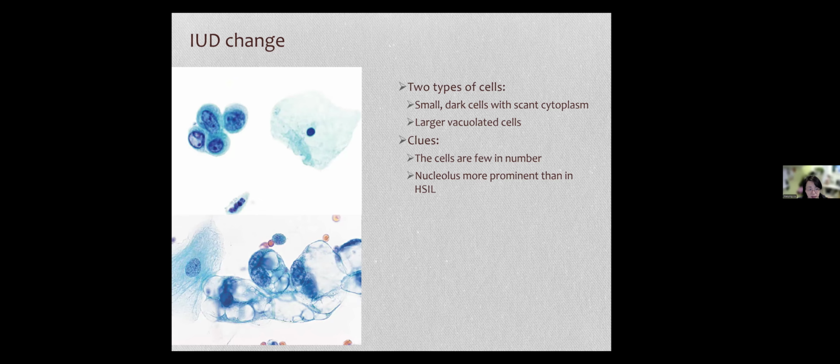And the lower picture has very large vacuolated cells. Normally those cells are just rare. And sometimes you can see nucleoli, in the lower picture. You can see prominent nucleoli there, which you don't see in HSIL. So that's the two patterns of the IUD-induced changes.